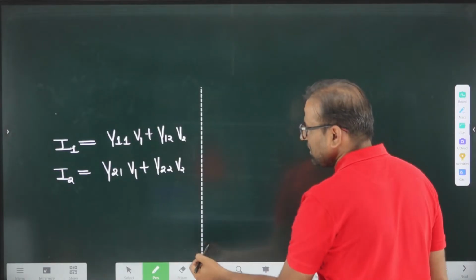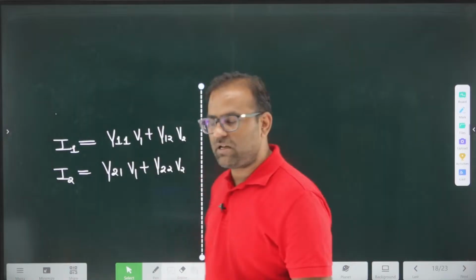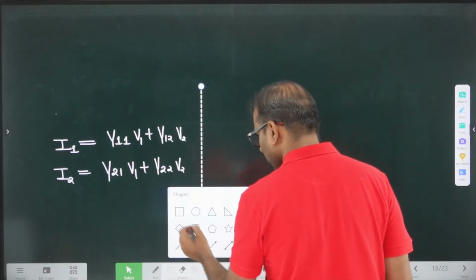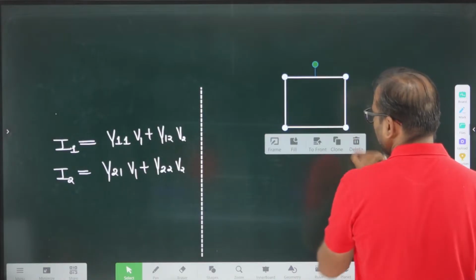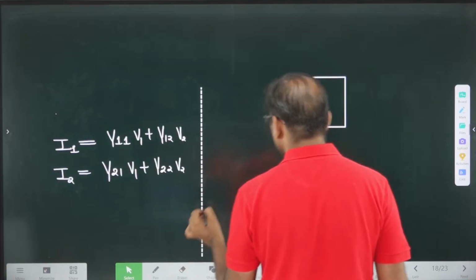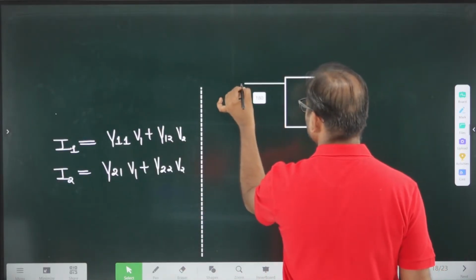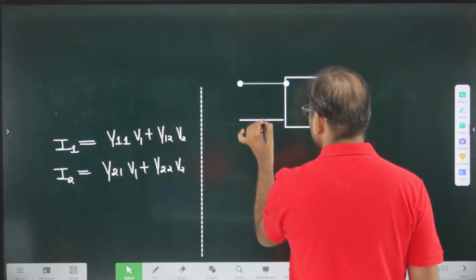Now, what is the idea? The idea is applying a short circuit at input port and output port. So let's apply the short circuit at input port and output port. What I am doing here, this is our 2 port network.